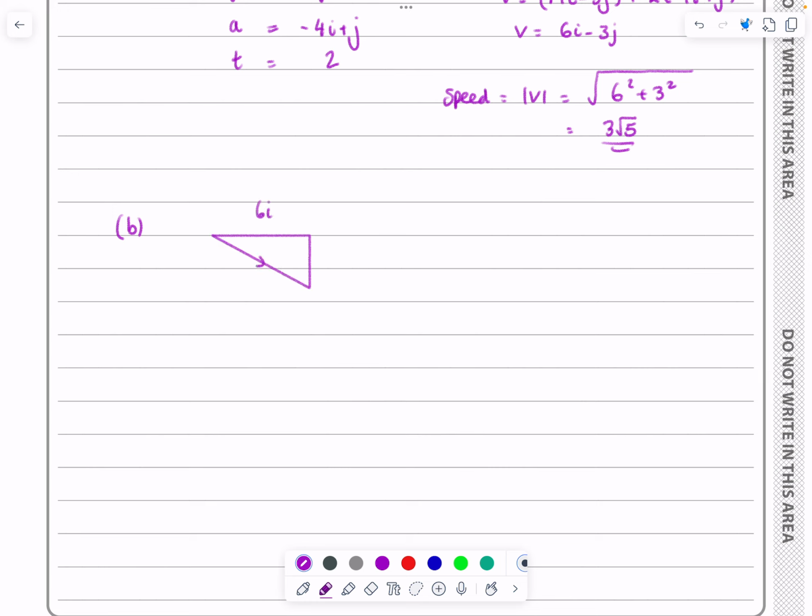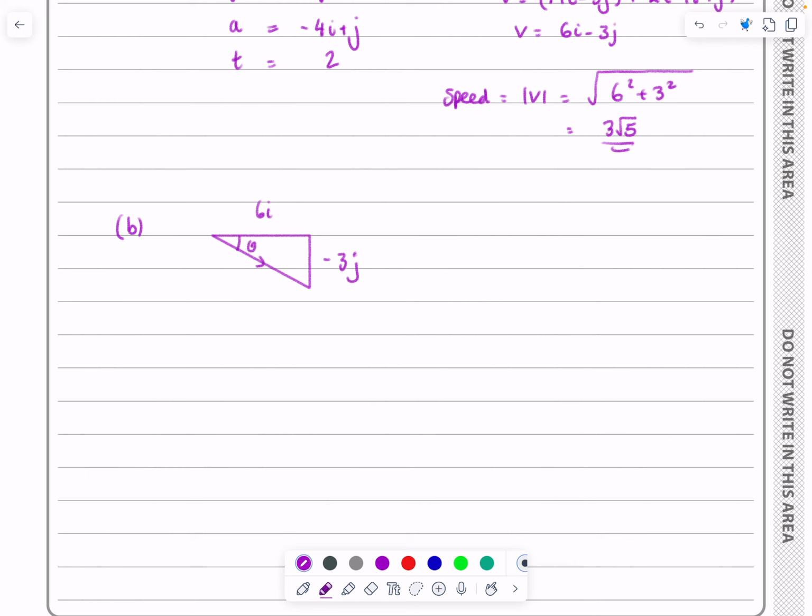That's 6i minus 3j, and what they want is the angle that it makes with i, and obviously i would just be the vector there. So the angle that it makes with i is this angle theta here.